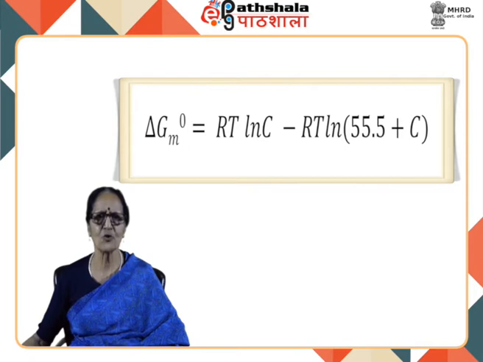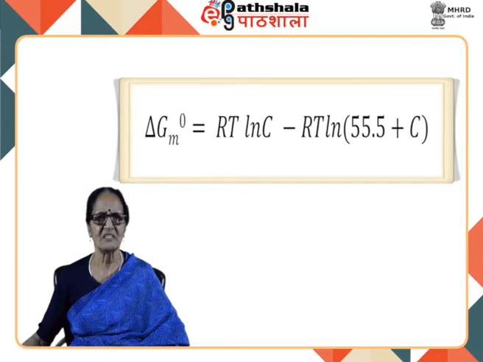However, most quoted CMCs are given in mole per decimeter cube, and in many cases delta G0m have been quoted when the CMC is simply expressed in mole per decimeter cube.